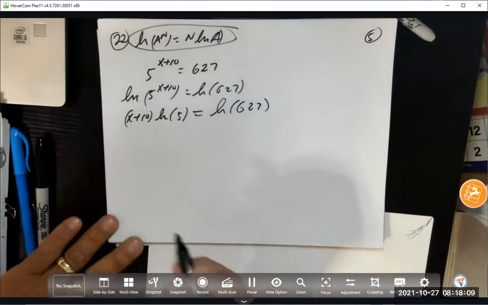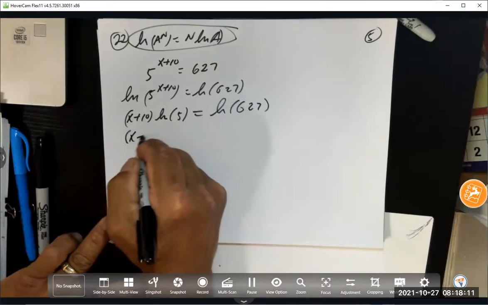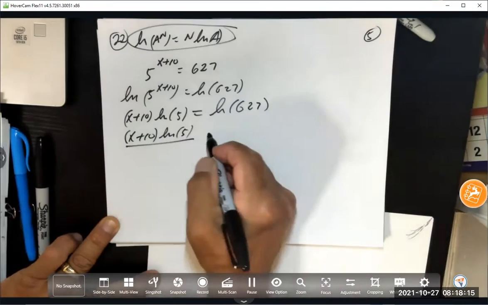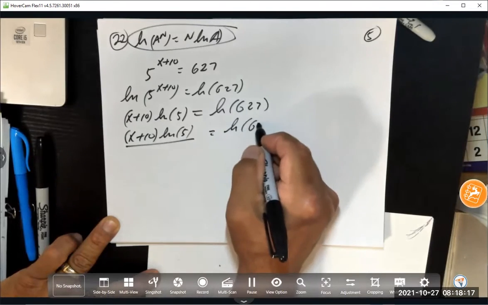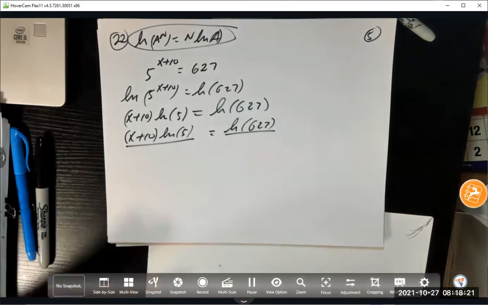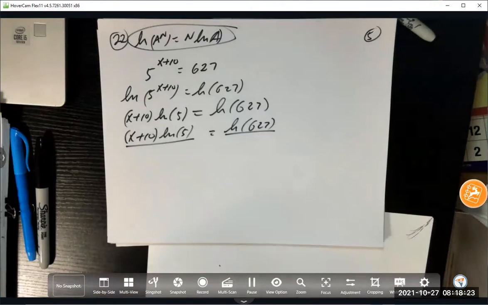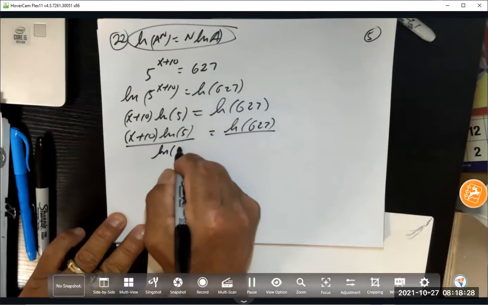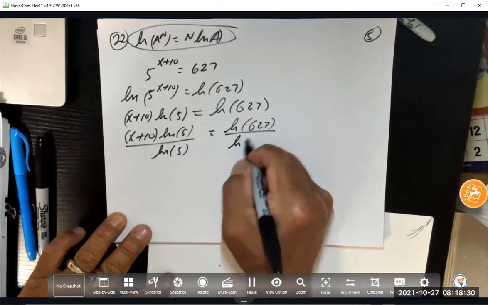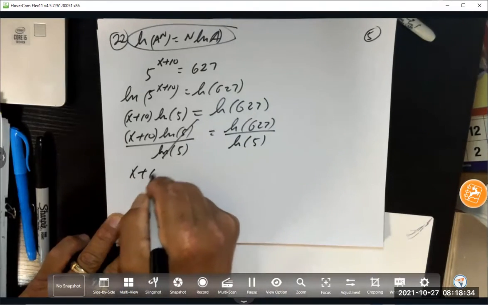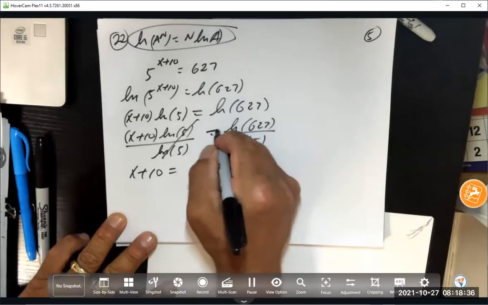All right. Divide both sides by, you tell me, by what? Divide both sides by ln of 5. So these are gone. So we have x plus 10 is, and these are decimal numbers again.